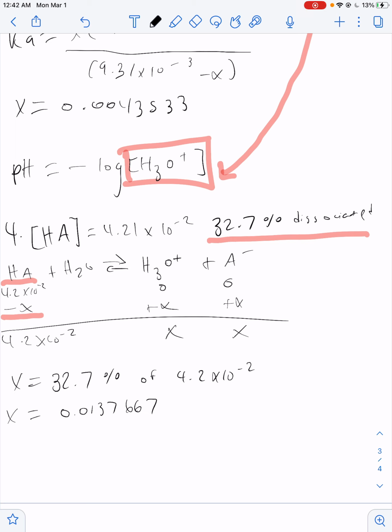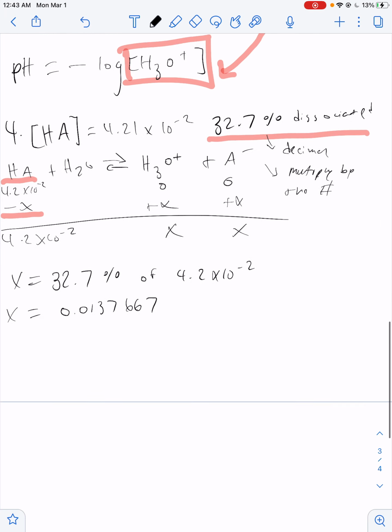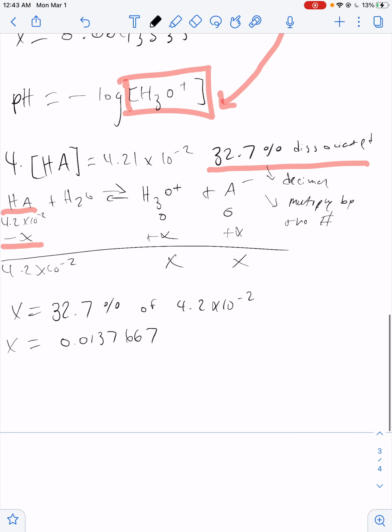And how to find percent of something is turn the percent to a decimal and then multiply by the number. Okay. Now that you have x, you have all your equilibrium concentrations, right?